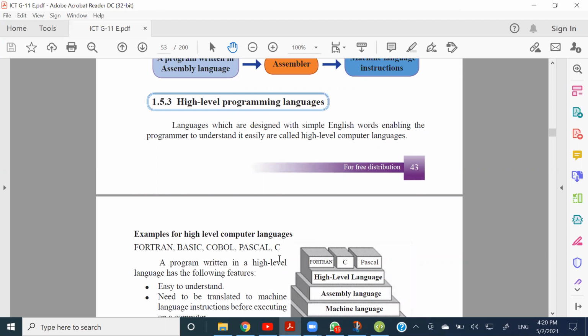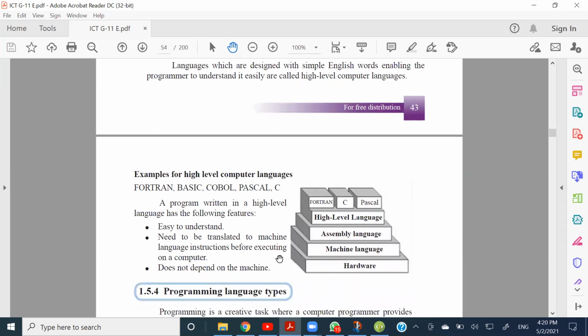When it comes to high level languages, we need a proper translator to translate whatever is written using the high level language, right? High level language is easy for humans to understand, but they need a translator to translate the source code into ones and zeros, right?